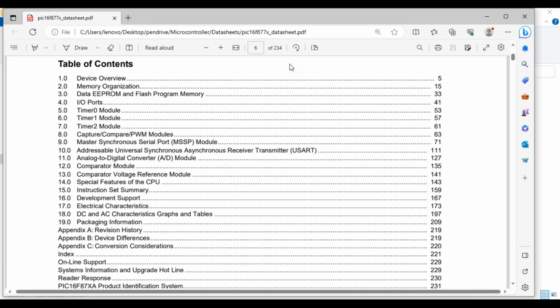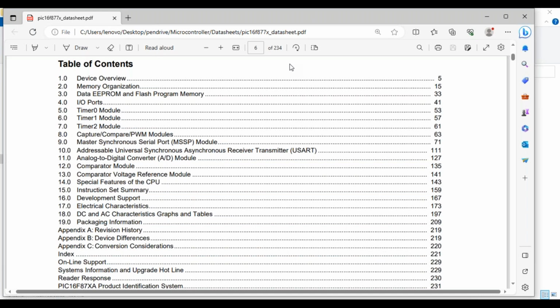That is not a good choice. With any data sheet, don't start reading it from the beginning; it will never help you out. You have to learn to seek the required information.